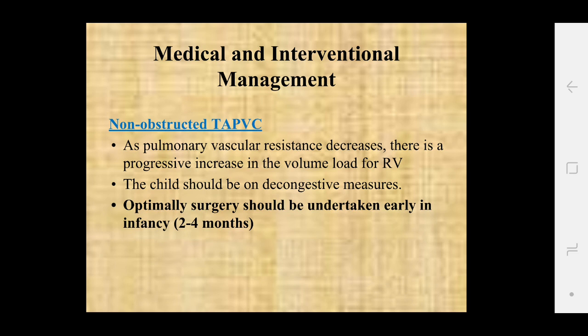But if it is discovered, or the patient's manifestations are severe, during the neonatal period, especially if the atrial communication is restrictive or small, the interventional cardiologist usually does a balloon atrial septostomy to improve the flow of blood from the right atrium to the left atrium and left ventricle, to increase the cardiac output.